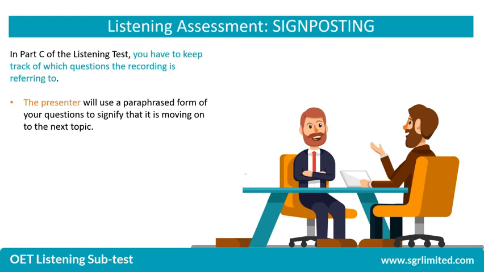The presenter will use a paraphrased form of your questions to signify that they are moving on to the next topic. The recording in the interview follows a similar structure. The interviewer's questions in the recording match the questions in your task.